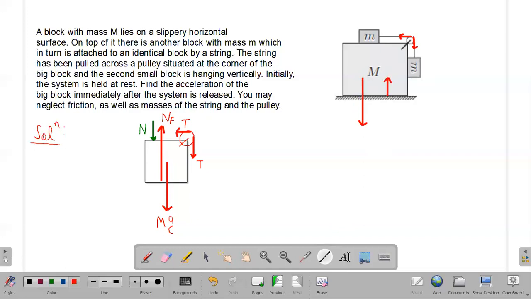The normal reaction force from the floor is considered, and the normal reaction force from the top block is also considered. So these are the forces which we have considered on this mass capital M.